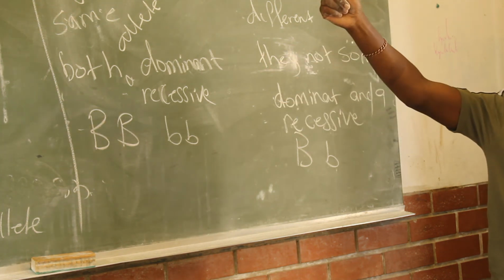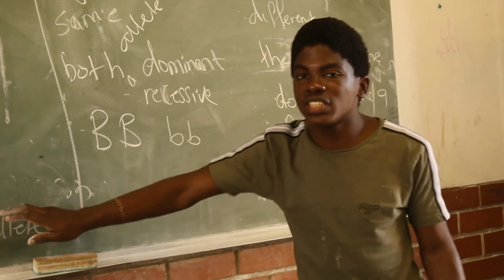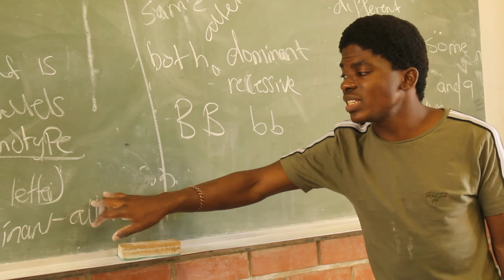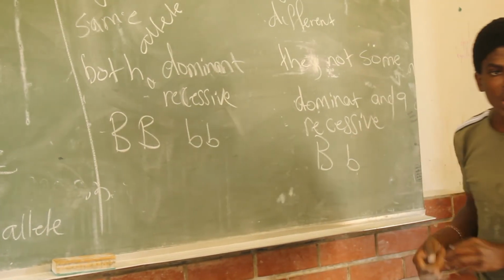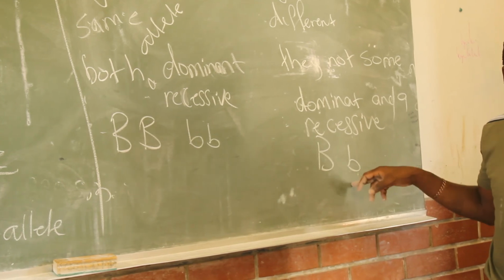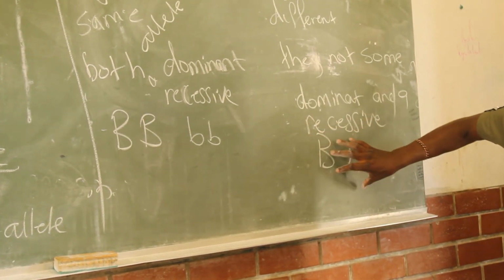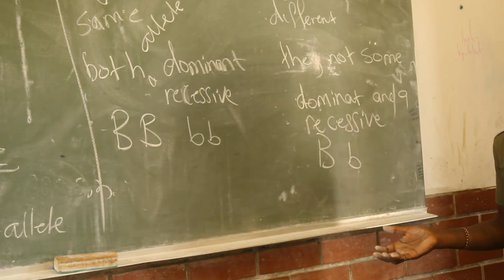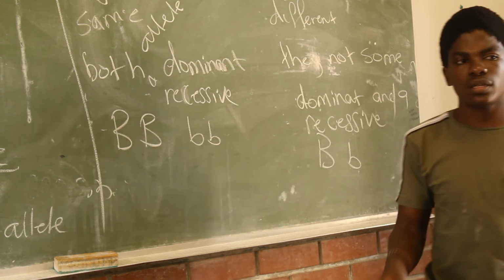So the capital letter B is stronger than the small letter b and is able to cover it, and only the capital letter is expressed in the phenotype.